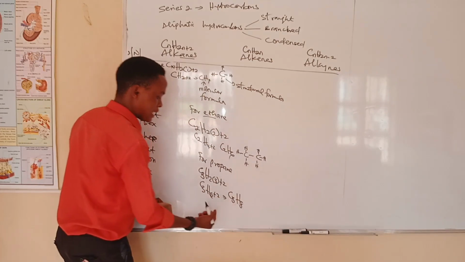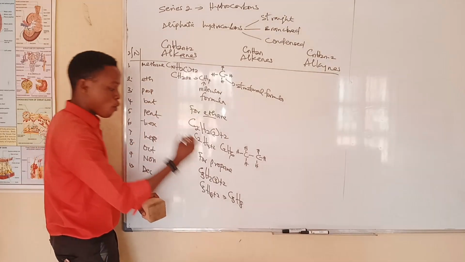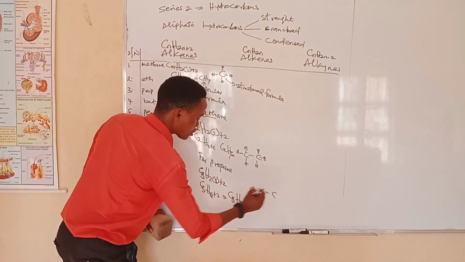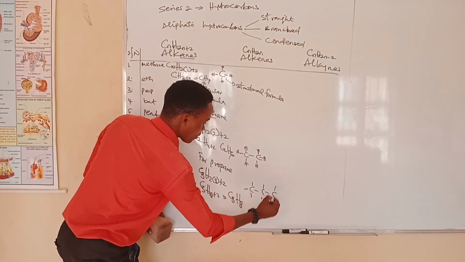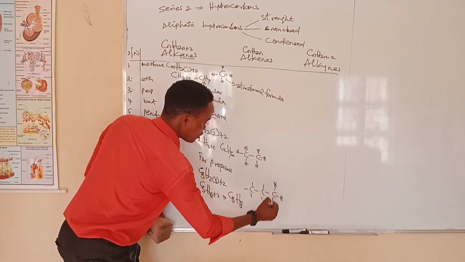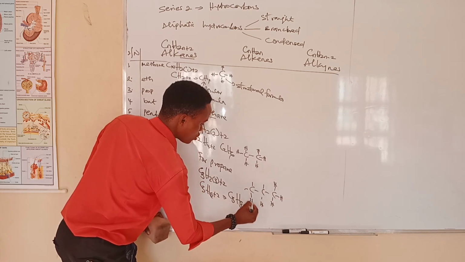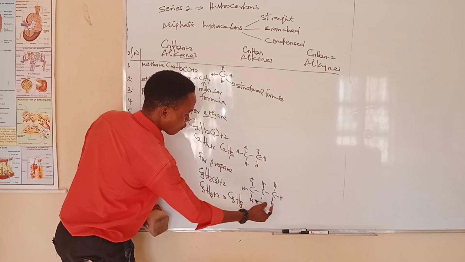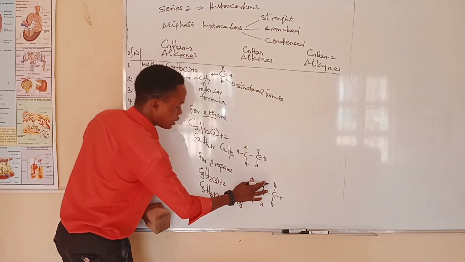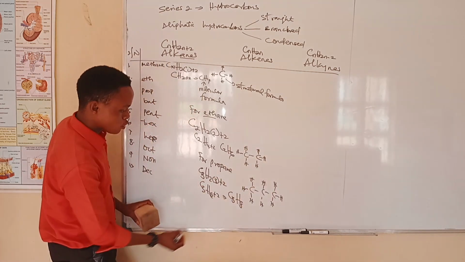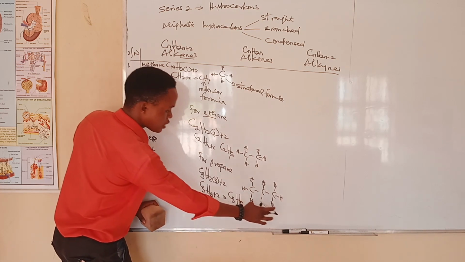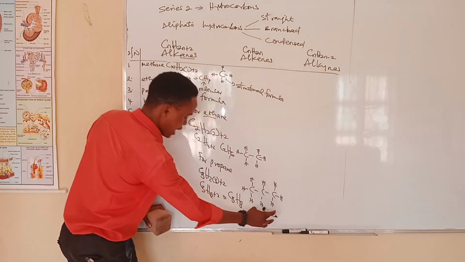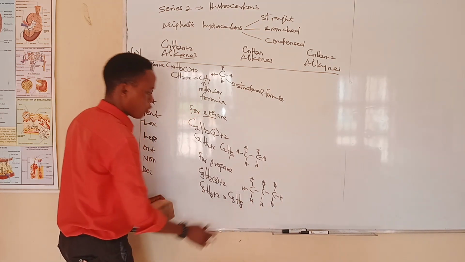So by structure, being that it's an alkane and it's going to have single bonds, we have 3 carbon atoms bonded to 8 hydrogen atoms. You can count that and see if it's up to 8 hydrogen atoms. 1, 2, 3, 4, 5, 6, 7, 8. Yes, it is complete. So this is the structural formula for propane, and this is the molecular formula for propane.